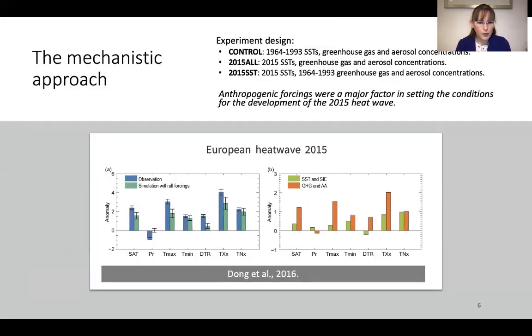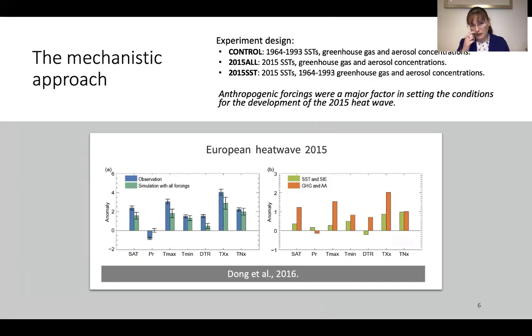Here's another example. This is a study by Bu and Dong in the recent BAMS special issue supplement, and this was looking at the European heat wave in 2015. And he had quite a neat experimental design: a control period with observed sea surface temperatures, greenhouse gases, and aerosols.